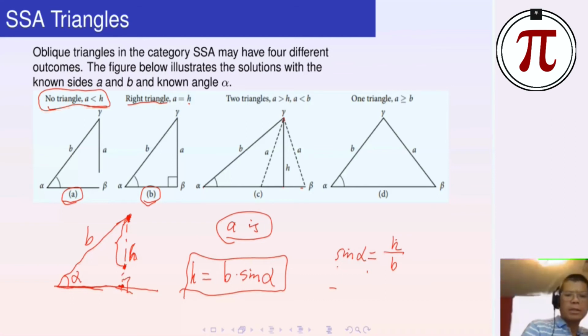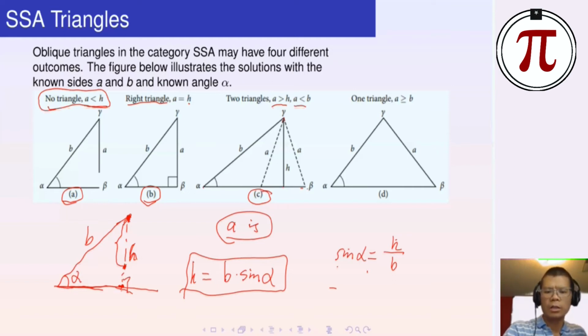Now, the complicated case is the third case. I may have two possible ways. So when A is greater than h, but A is less than b, in this case, it is possible that it is somewhere here or somewhere here.